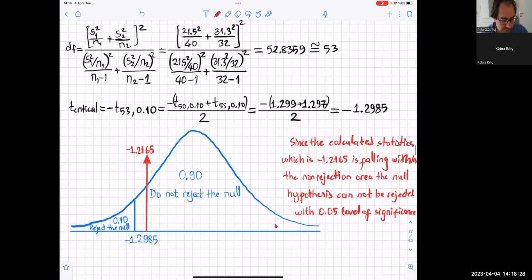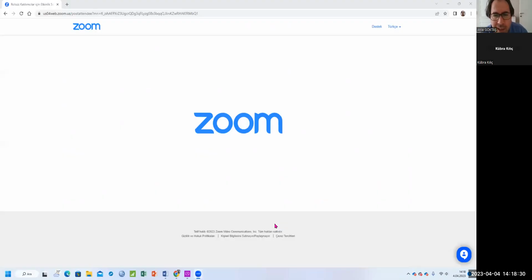I still have 2 minutes to go. There's no other statement you could make because we don't know what mu1 and mu2 stand for. So that will be enough for the explanation.